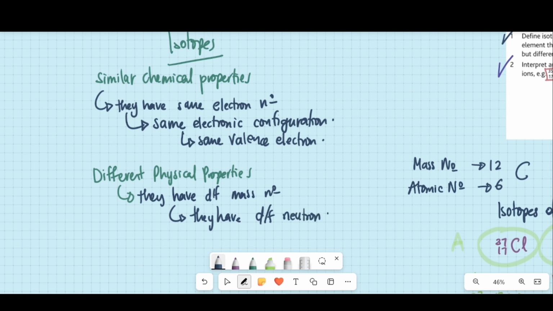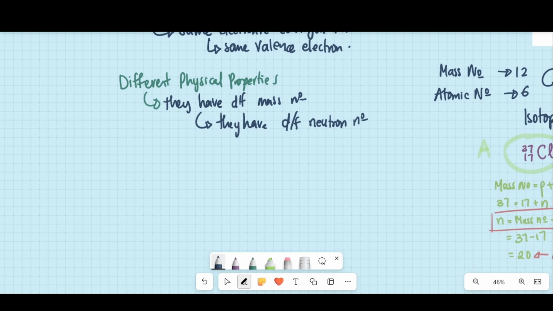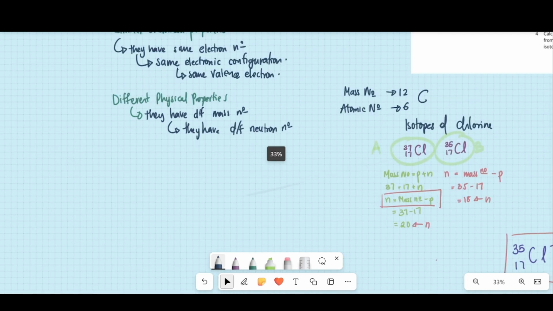So different neutron number. There we go. So if you're asked to explain the similarities and differences in chemical and physical properties, this is the way that you can break it down and really explain it. So that's the third point done.